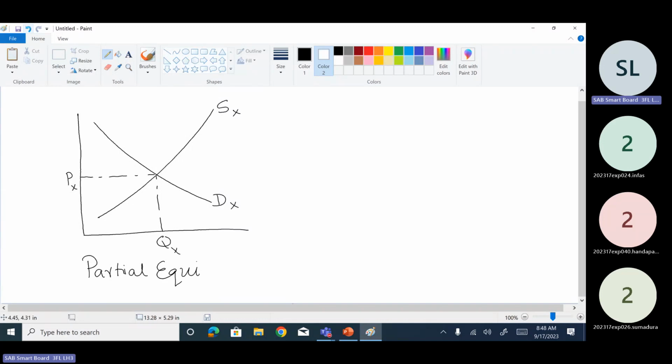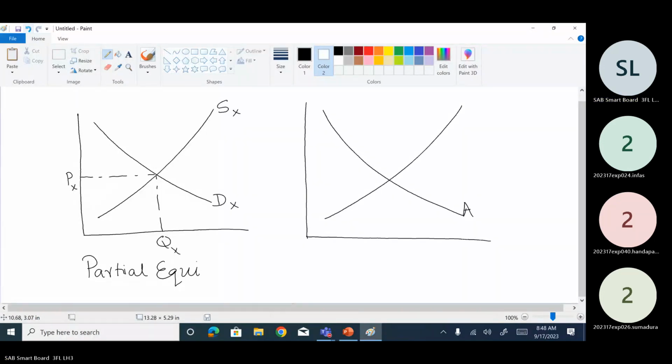This is not the general equilibrium, this is a partial equilibrium. In a particular market, how the price is determined, right? When it comes to macroeconomics, we take the aggregate demand and aggregate supply, right?